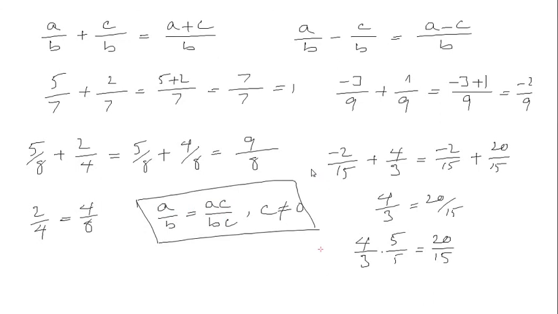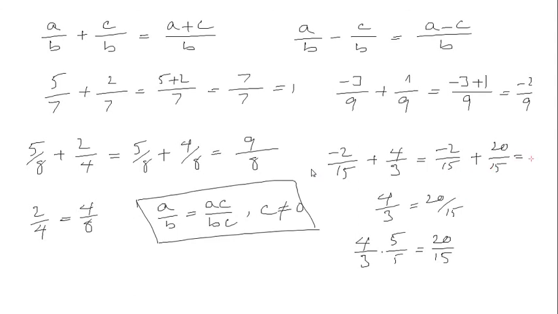This is exactly what I'm doing here. I multiplied both numerator and denominator of this fraction by 5. It gives me 20 over 15. So I replaced 4 over 3 by 20 over 15, which has exactly the same value. I'm not changing the value of this fraction, but now I have a common denominator.